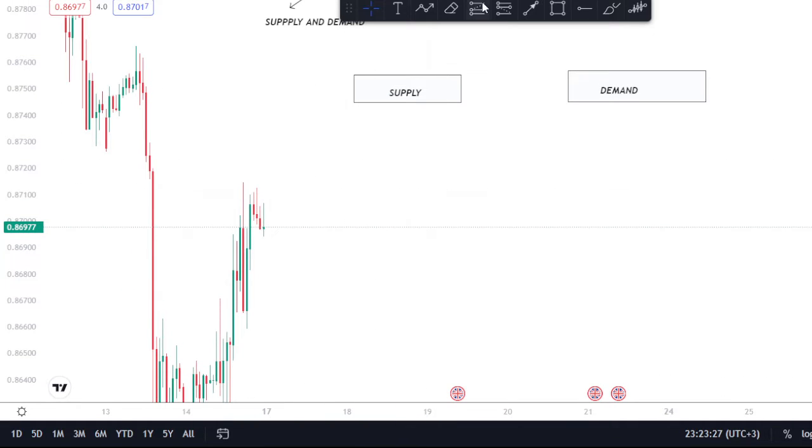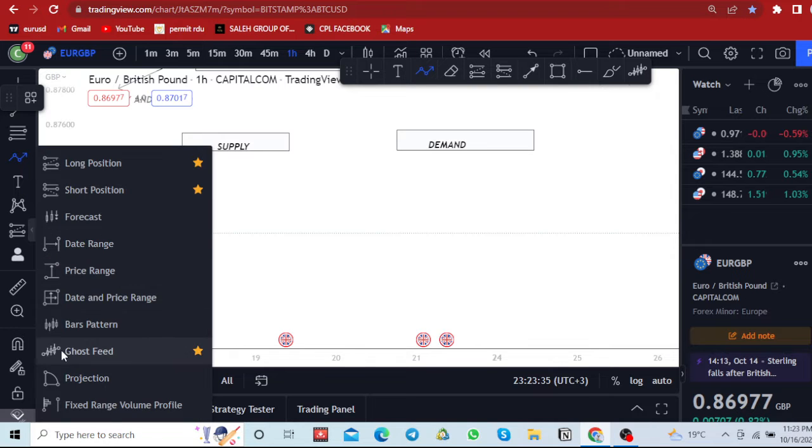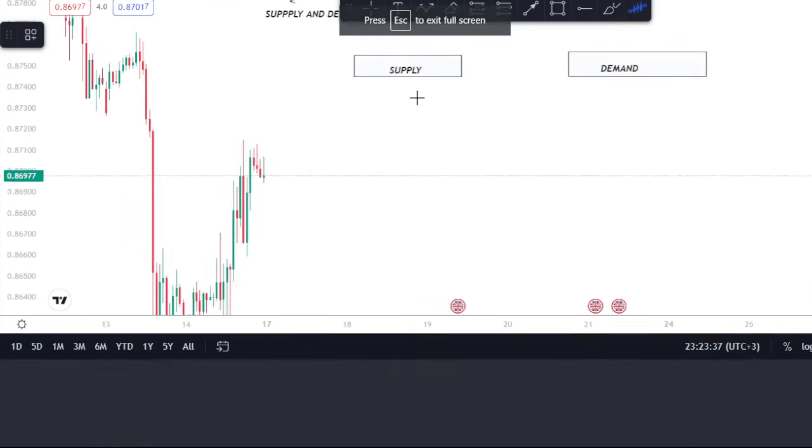So what are we saying? Using the graph, let me take the ghost feed so that people will actually see.